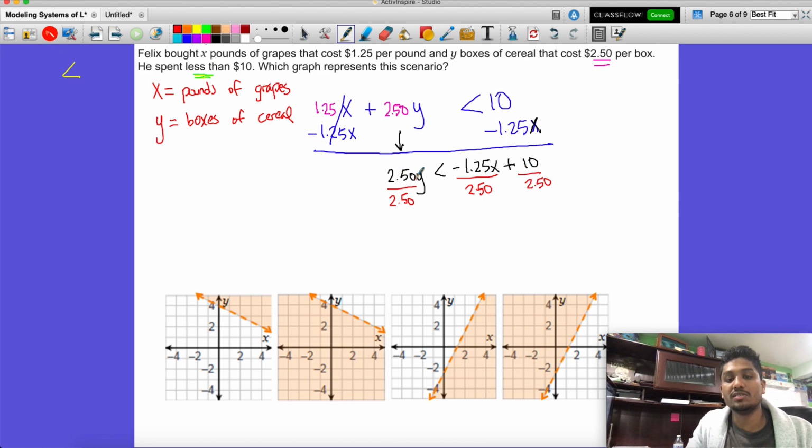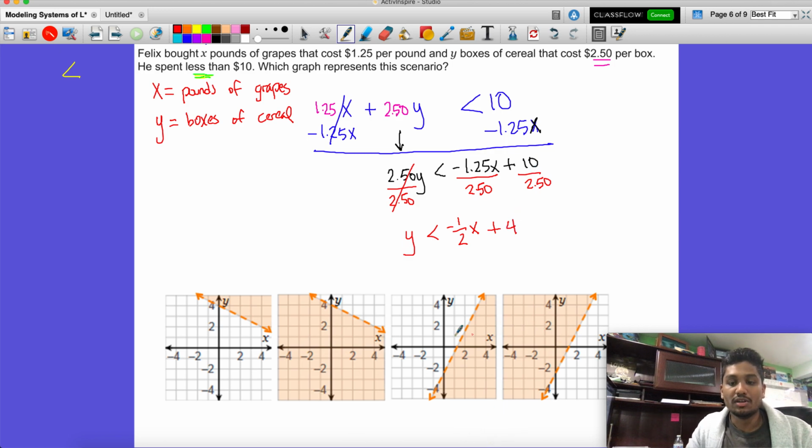We're always just dividing by the coefficient. So y is less than, and you put this on a calculator, you're going to get negative 1/2. And we're going to keep it as a fraction because this is going to be our slope, right? Plus 10 divided by that is going to be, I believe, 4.